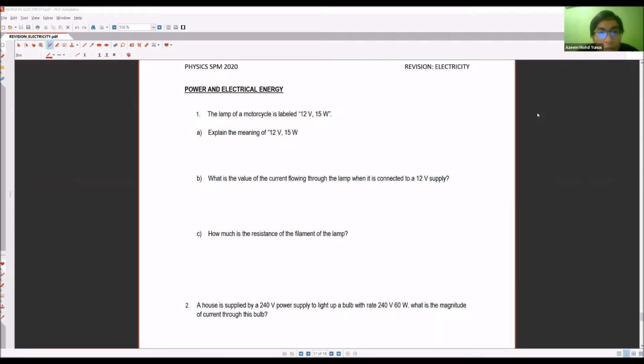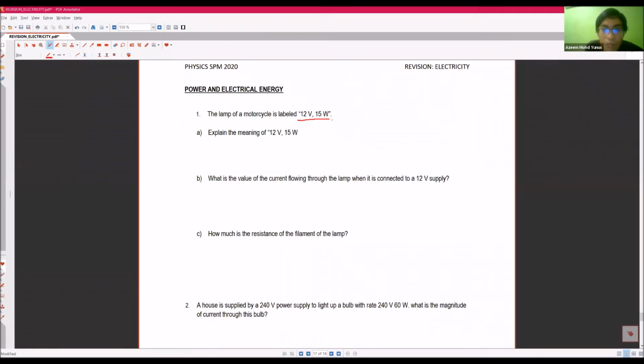The lamp of a motorcycle is labeled 12 volts, 15 watts. Explain the meaning of 12 volt, 15 watt. This is the voltage, and this is the power. If we see these two things together, we call it the power rating.